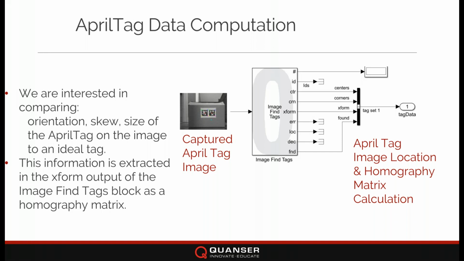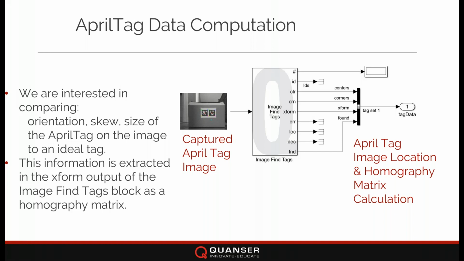A homography matrix takes homogeneous coordinates that allow me to map that ideal AprilTag to the image I'm seeing. So I can build an idea of how my camera sensor is oriented compared to an ideal AprilTag. At this point, I don't know distances in meters, but I can know if my AprilTag is very far away by looking at scale, or if it's skewed and how it is located in space.